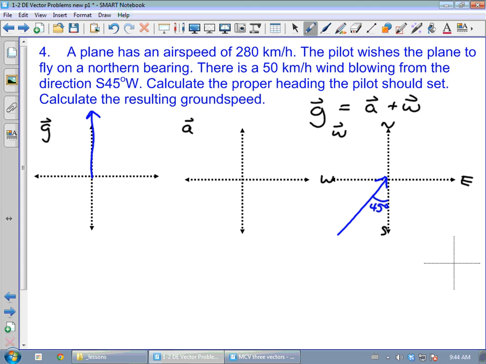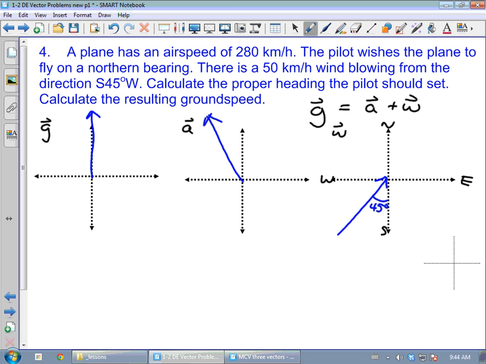So we need to think about what this vector A here is going to look like, so that when we add it to W, it's going to produce something that goes due north. So I think you can sort of see that if the wind is pushing the plane in this direction, we want to sort of have the plane head in that opposite direction, so those two things will sort of balance out and get us something that goes straight north.